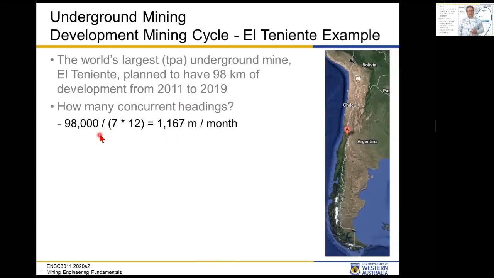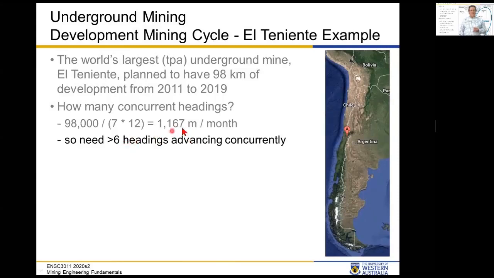So if you take 98 kilometres, divide by a number of years, which is 7, shall we say, and then by the number of months, we need 1,167 metres per month. So that's probably 6 headings times 200 metres a heading, which is close to it.